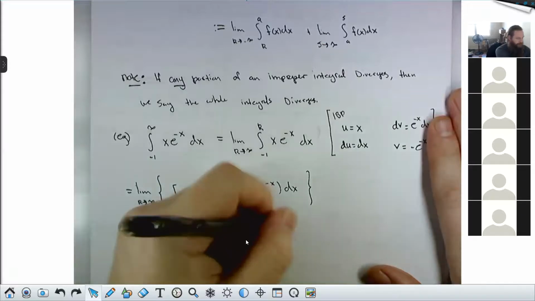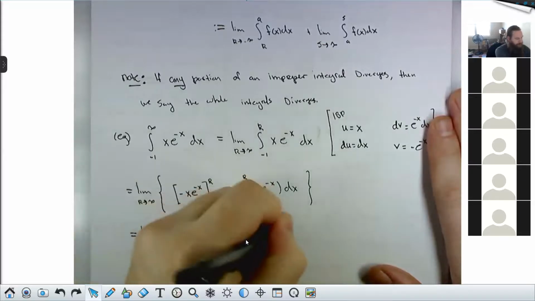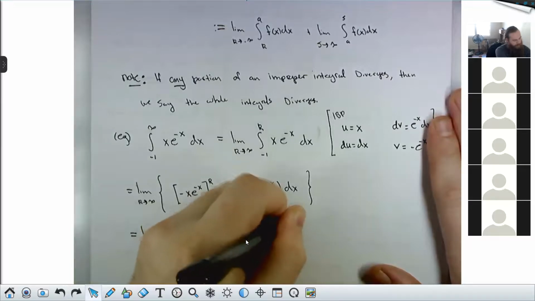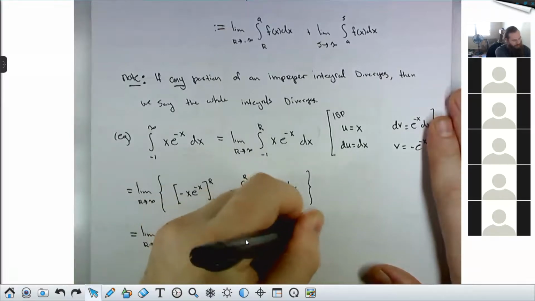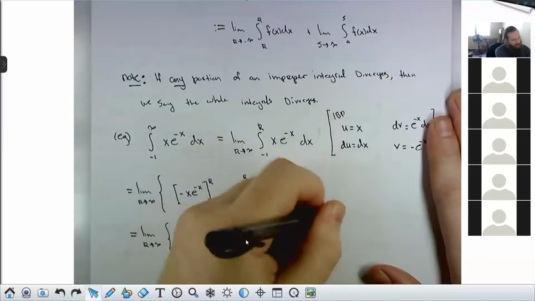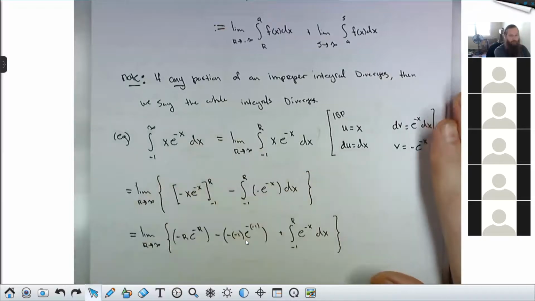Then I pop this negative out and I have plus integral -1 to r e to the -x dx chilling, and then I can close this.